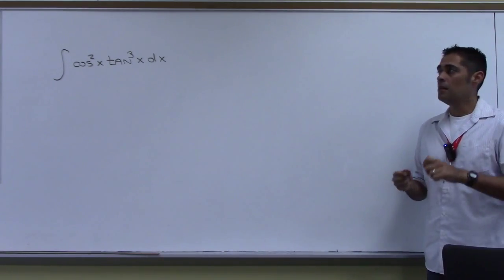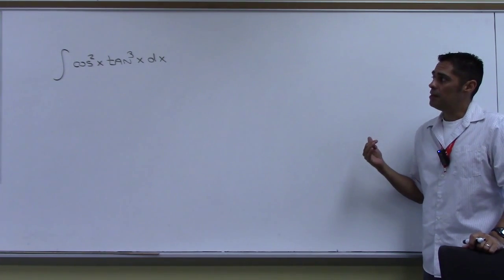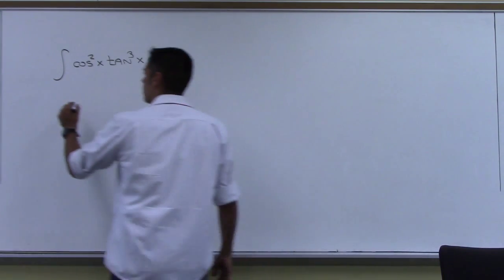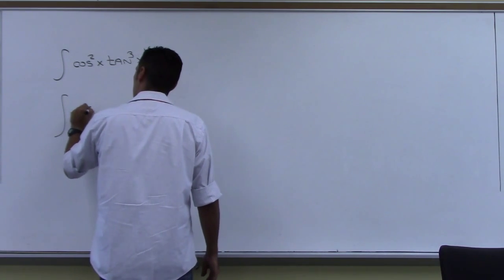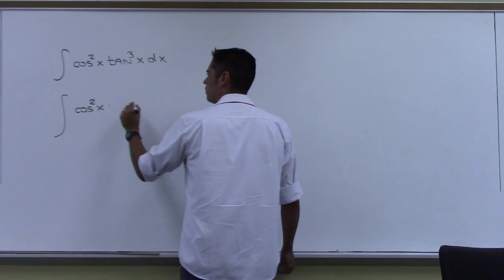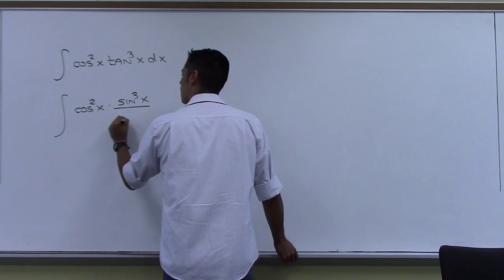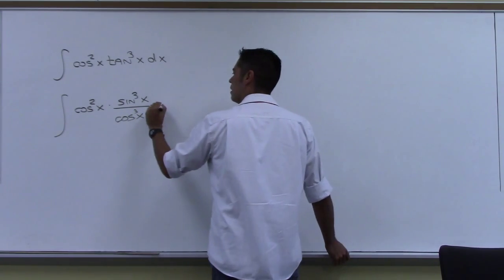Let's see what happens. The only thing we really know how to deal with at this point is sine and cosine, so maybe I should turn everything into sine and cosine first. This is cosine squared x. Tangent cubed is the same as what? Sine cubed x over cosine cubed x dx.